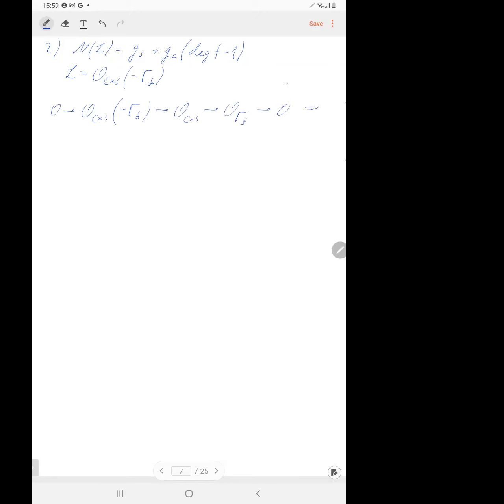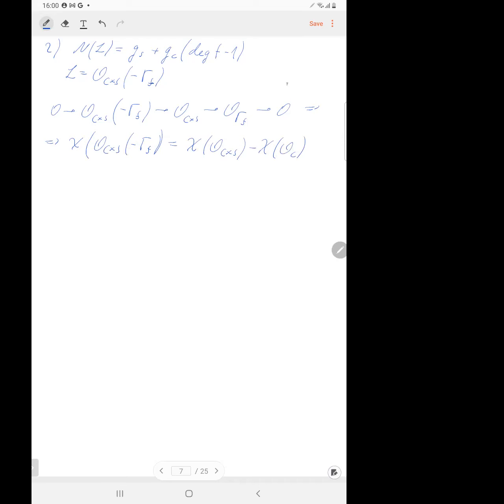Okay, and hence we can compute the Euler characteristic of the line bundle here equals the Euler characteristic of the structure sheaf minus Euler characteristic of the graph, and the graph is isomorphic to the curve C, right? And so it is just Euler characteristic of the curve C.